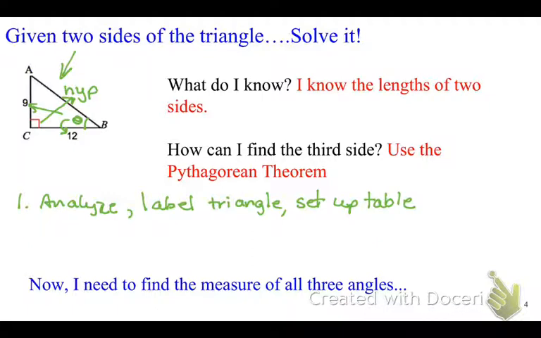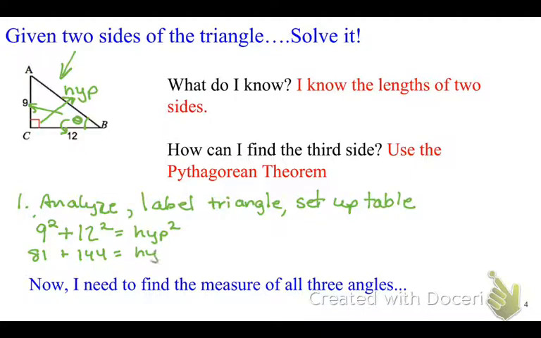So let's find the length of the hypotenuse. I'm going to use the Pythagorean theorem, and I'm going to say 9 squared plus 12 squared is equal to the hypotenuse squared. 9 squared is 81, 12 squared is 144.